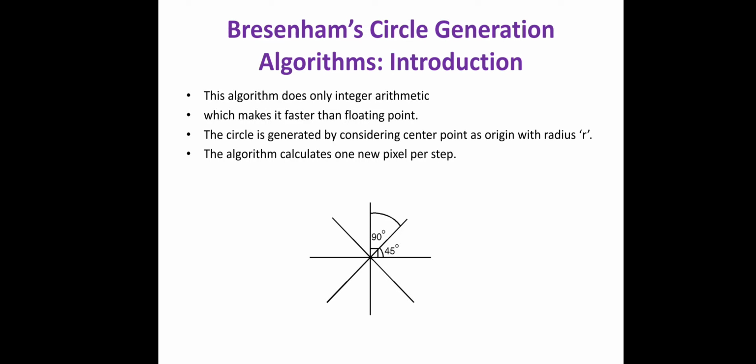For this we can use the octant symmetry property that we saw in the last lecture. You can divide it into quadrants, in which case you use 90°, or into octants, in which case you use a 45° angle.